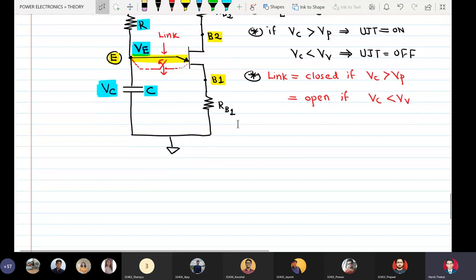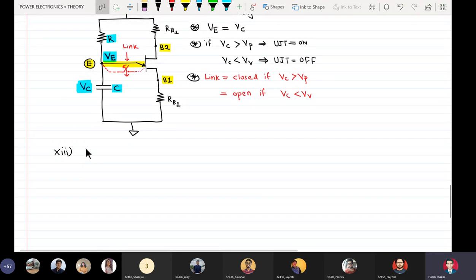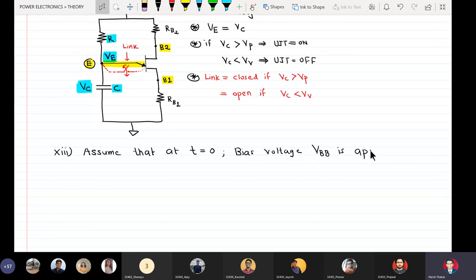Now operation. Assume that at t equal to 0 the bias voltage VBB is applied, and the second assumption is that the capacitor is discharged.